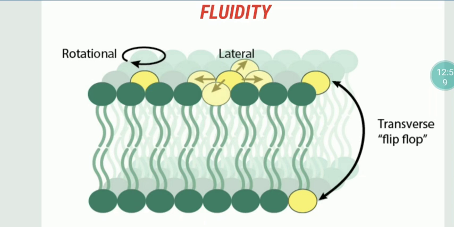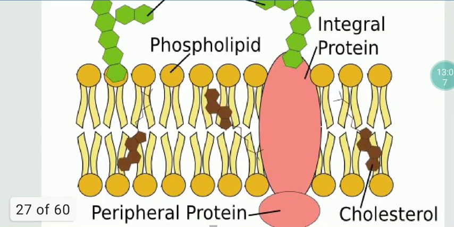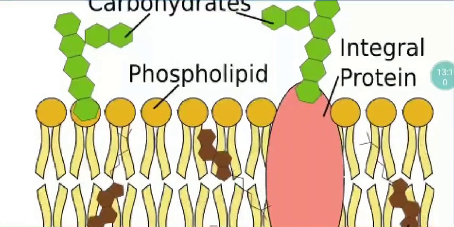We have completed phospholipid and protein; next is carbohydrate. The third component is carbohydrate. Here, the green colored structure is the carbohydrate. If the carbohydrate is attached to the lipid, we call it glycolipid. What do we call it?